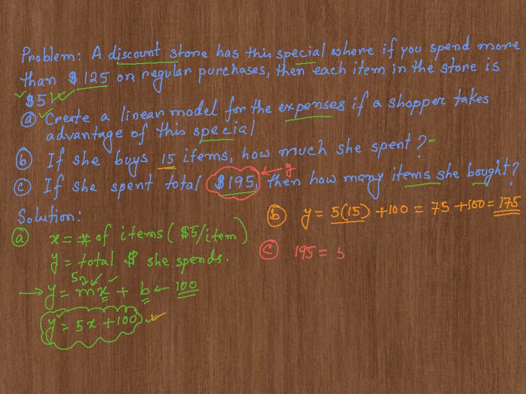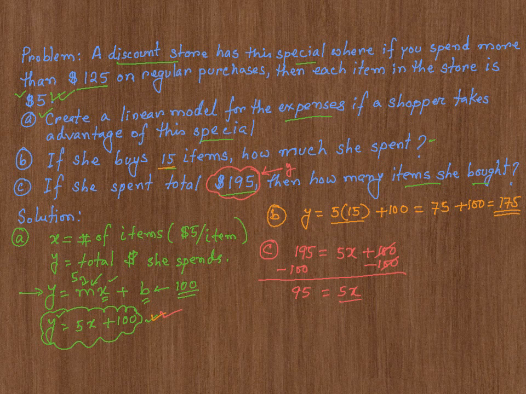is equal to 5x plus 100. I'm applying this linear model, right? Now I subtract 100 from both sides. On the left-hand side I get 95, and on the right-hand side I get 5x. Positive 100 and negative 100 cancel out.